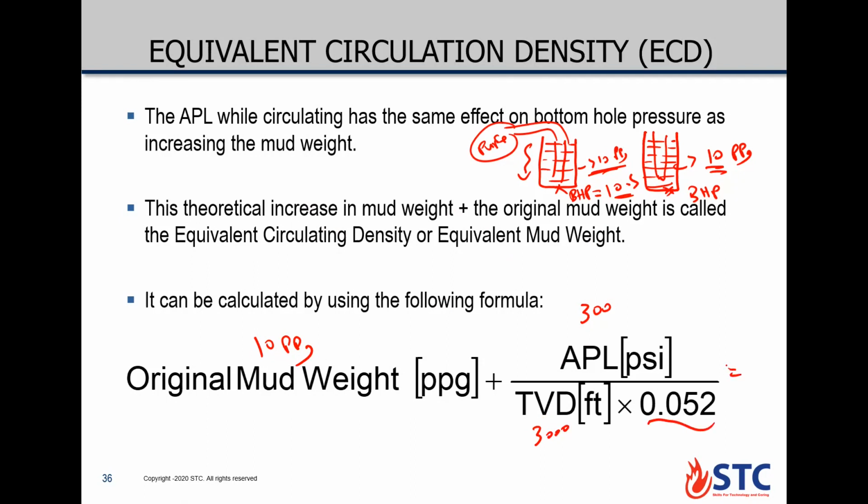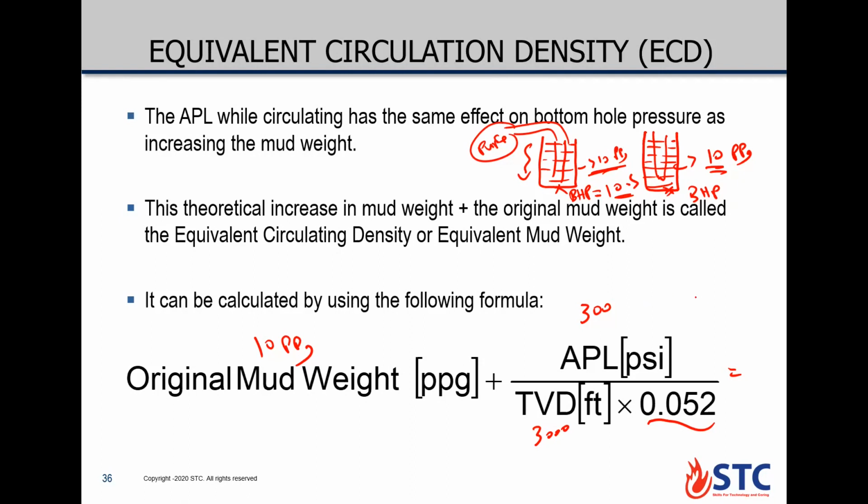So let's calculate. Let me try with you. It will be, let's say, 10 ppg plus 300 over 0.52 times 3,000 feet. So it will be 11.92.